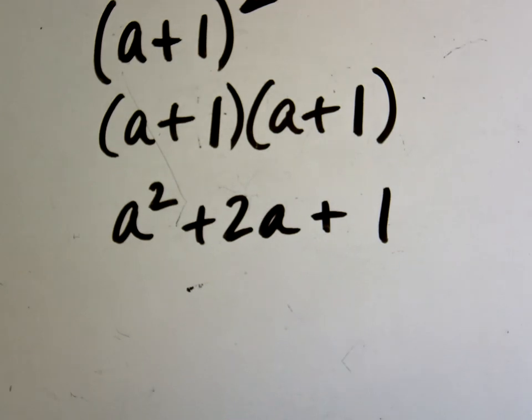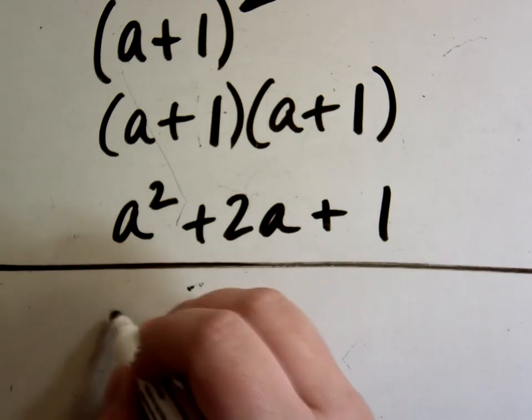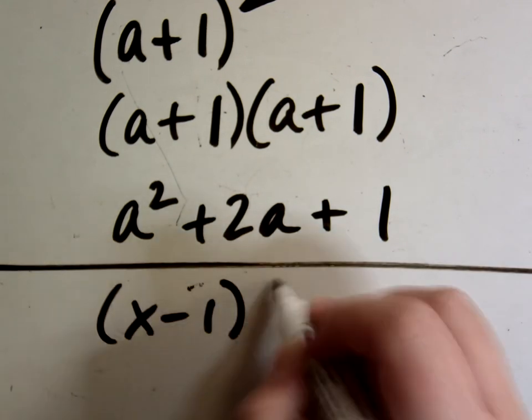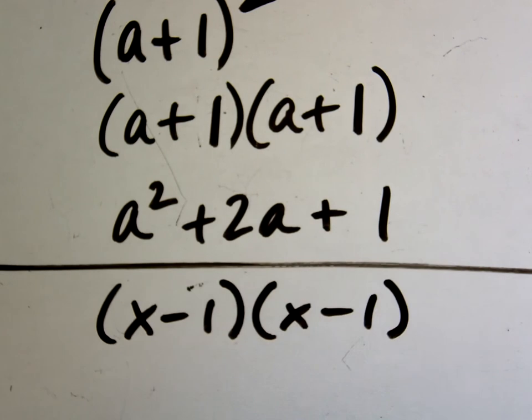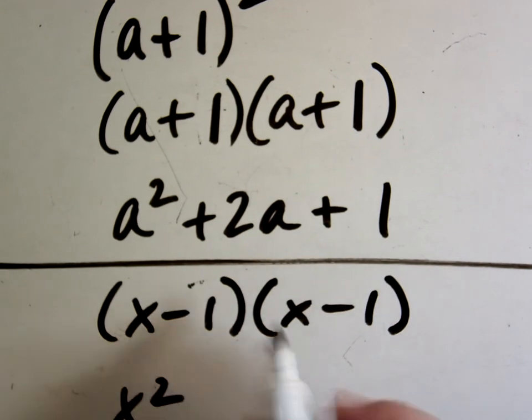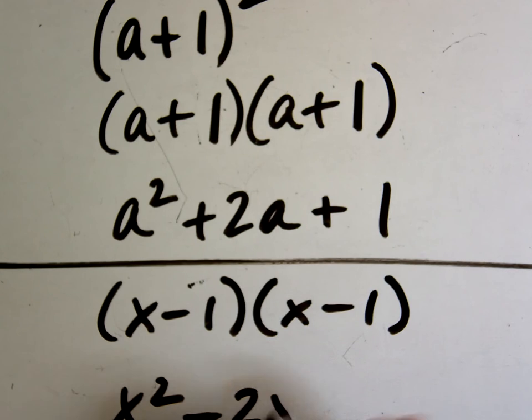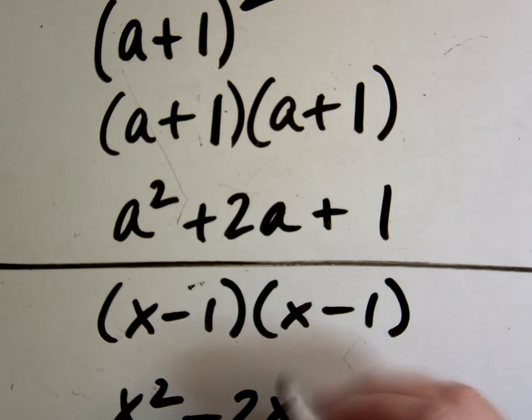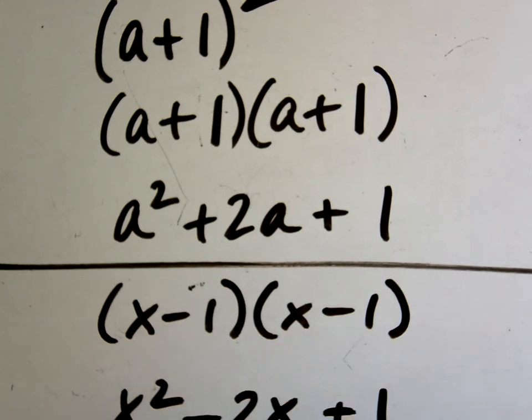What if it were a minus 1? Or let's say, what about x minus 1? x minus 1 times x minus 1. We've got x times x is x squared. x times negative 1 is negative 1x. Negative 1x again gives me negative 2x. And negative 1 times negative 1 is positive 1.